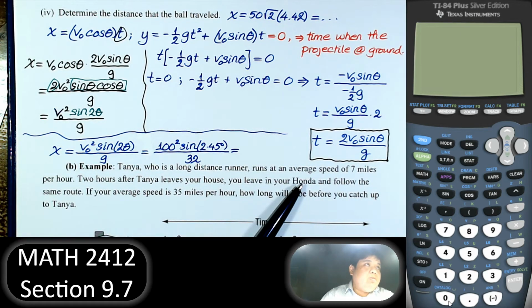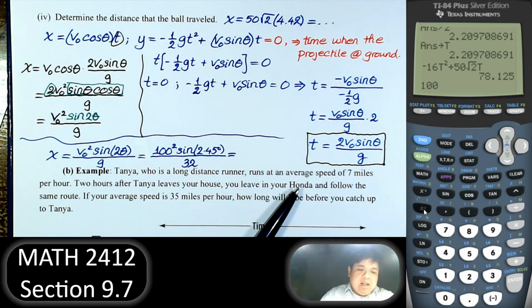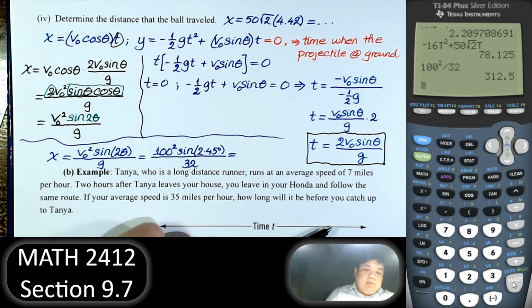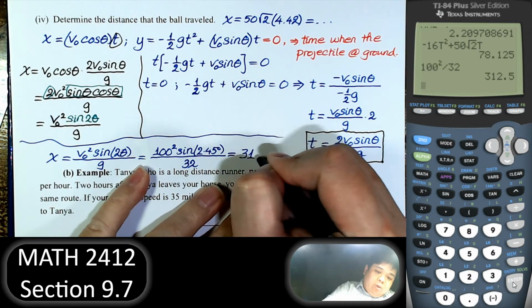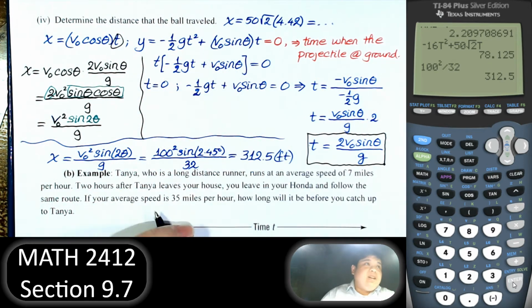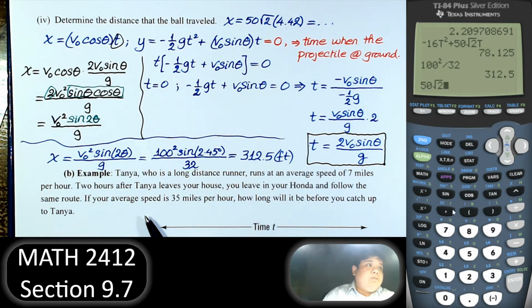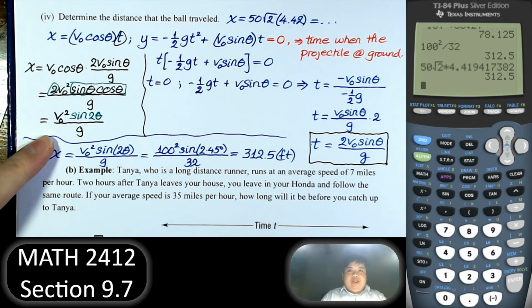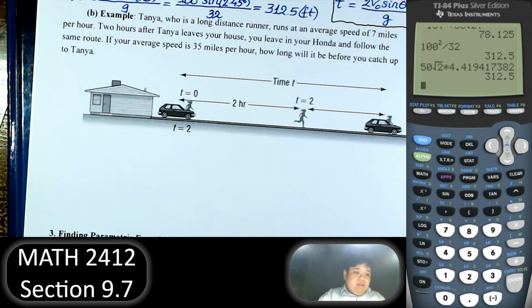So 100 squared, sine of 90 degrees is 1, so I don't even need to do that, divided by 32. That gives 312.5, a reasonable fit, because if we do 50 square root of 2 times the time, we should get the same thing. But we have the range formula, which will be very useful.